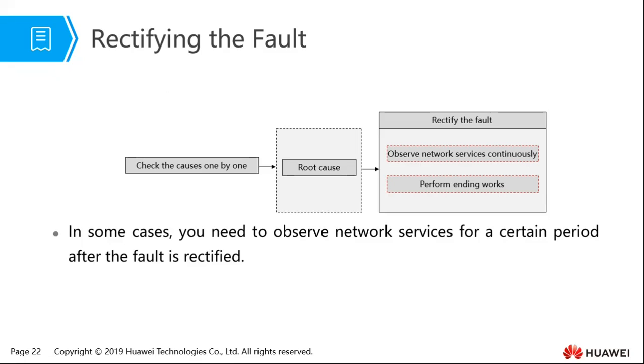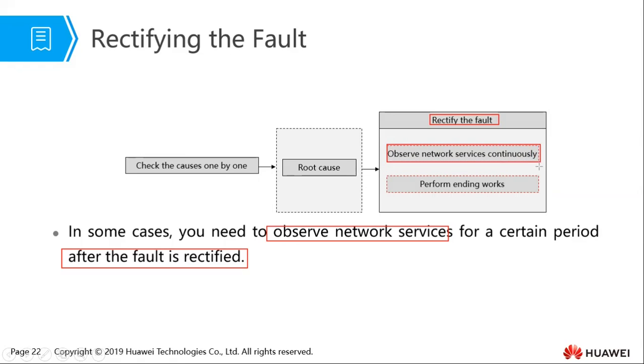Now, rectifying the fault. So after you've identified the root cause, you need to rectify the fault. Something important here. In some cases, you need to observe network services for a certain period also after the fault has been rectified. So you need to continue monitoring that particular network. So how to rectify the fault is you need to observe the network services continually and also perform ending works.